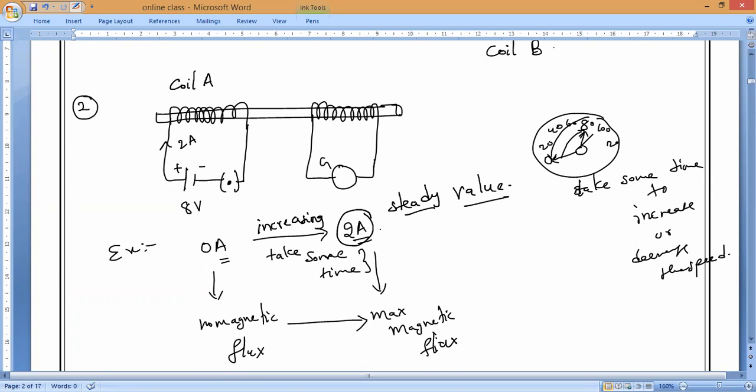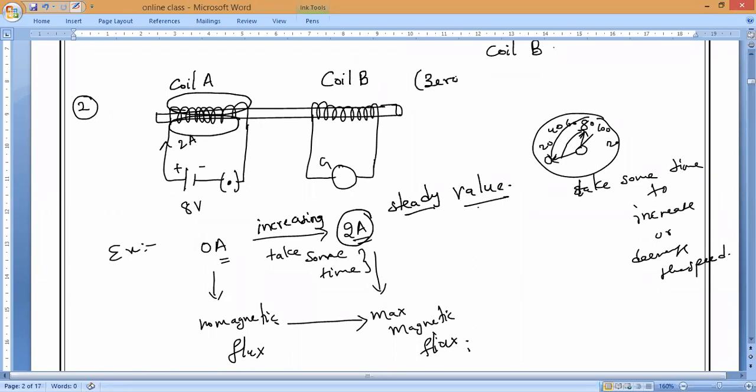Now what is happening here is that the magnetic field lines associated with coil A also keep on increasing when the current is increasing from 0 to the steady value. Initially, what is the magnetic field of coil B? Coil B's magnetic field is also 0.